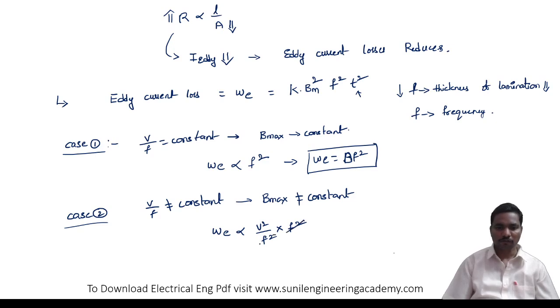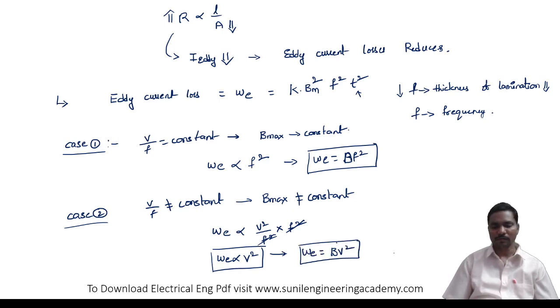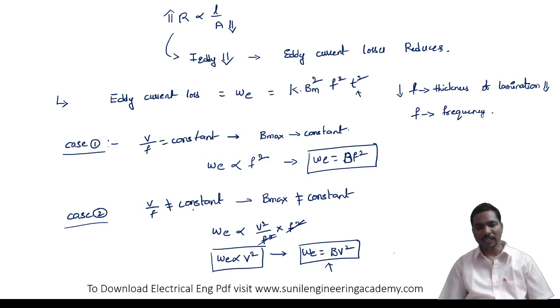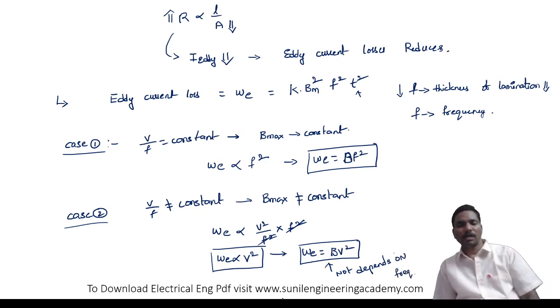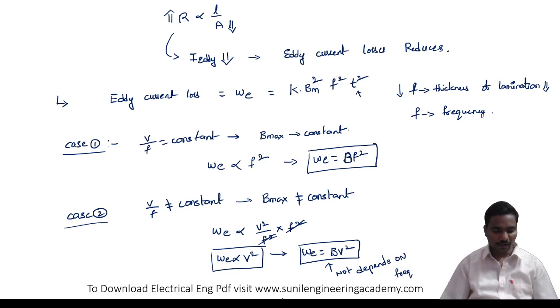So F square is cancelled out. W is proportional to voltage square. That means WE is equal to B V square. So whenever V by F is not constant, the eddy current loss does not depend on frequency here.